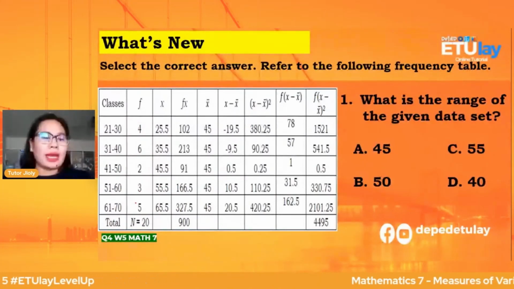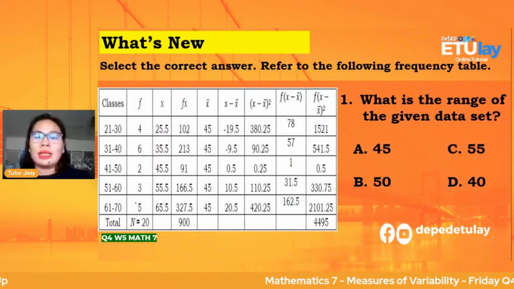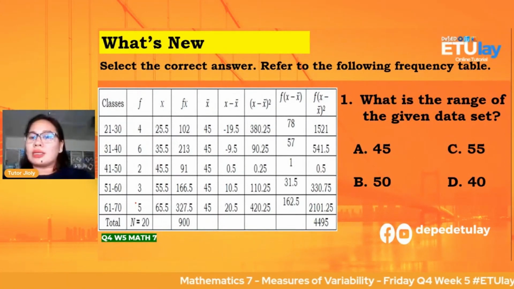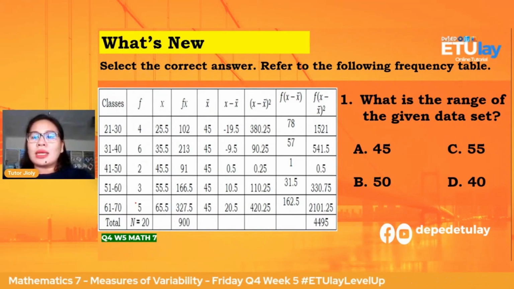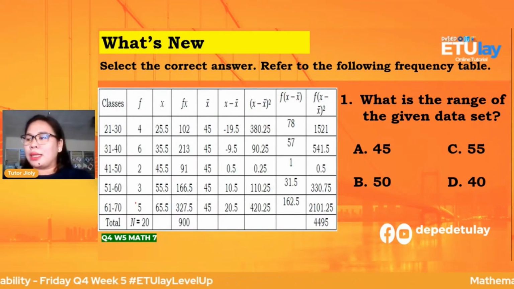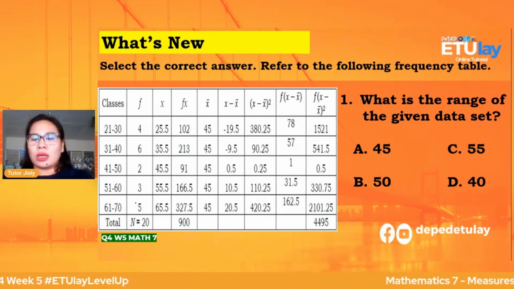So we have question number 1. What is the range of the given data set? A, 45; B, 50; C, 55; D, 40. What will be the answer for the number 1 question?